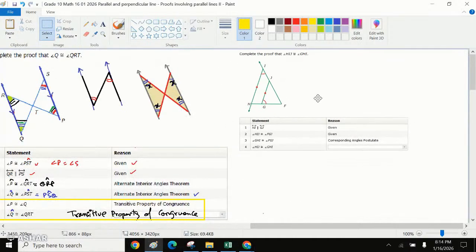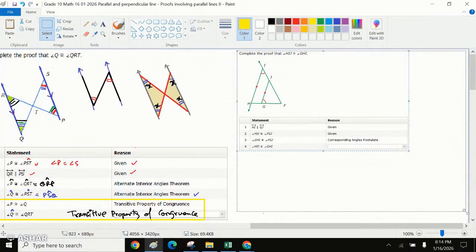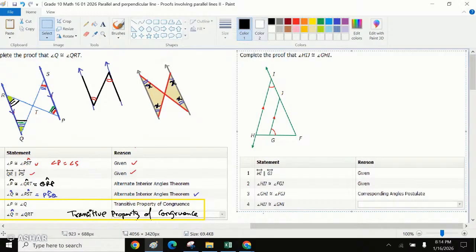Question number 4 is on the screen, and it says, complete the proof that angle HIJ is equal to angle GHI. That is GHI, right?